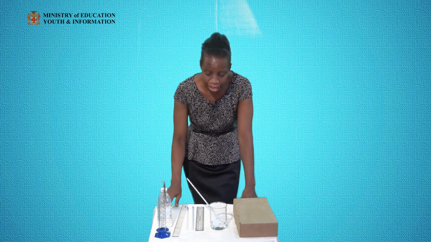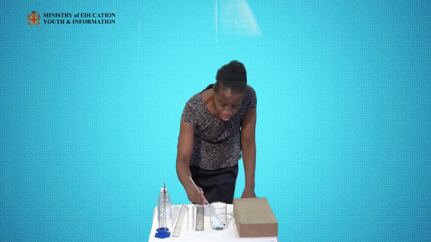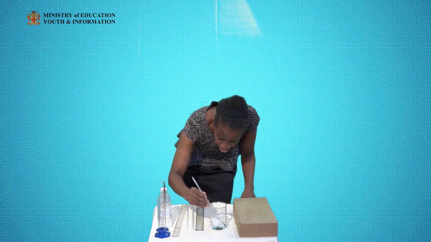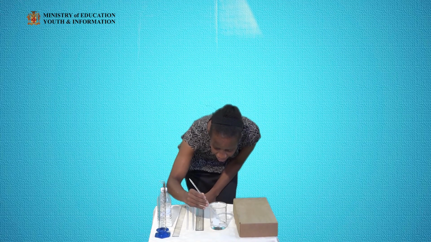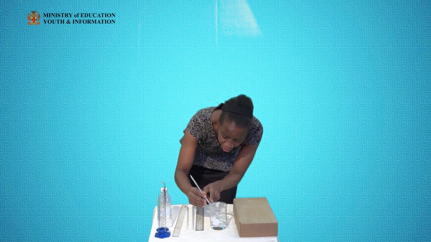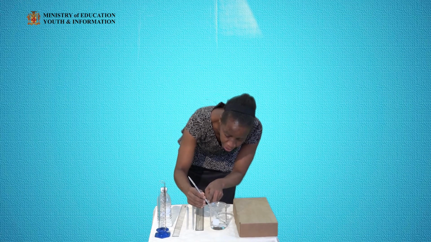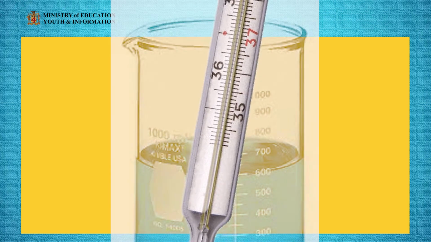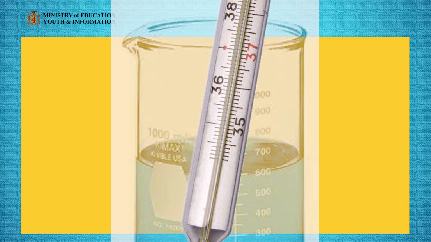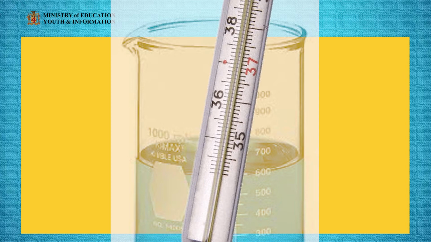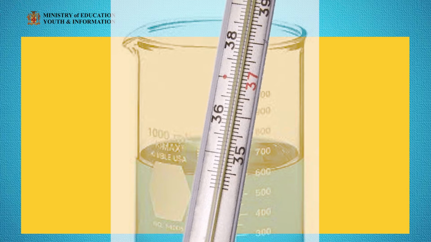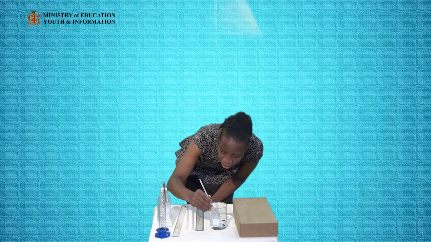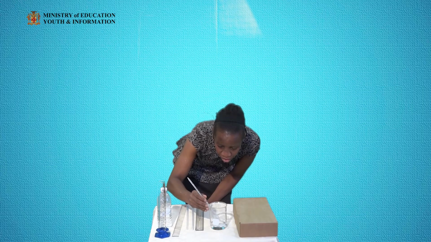Again, when we're planning to read that thermometer, we will make sure that we're looking at it at eye level. So this is 20. It has passed the halfway mark, so it's more than 25. And then we look at the markings again, the graduated lines, on the thermometer to help us get a good reading. So now it's at 25, 26, I think we'll say 26 degrees Celsius.